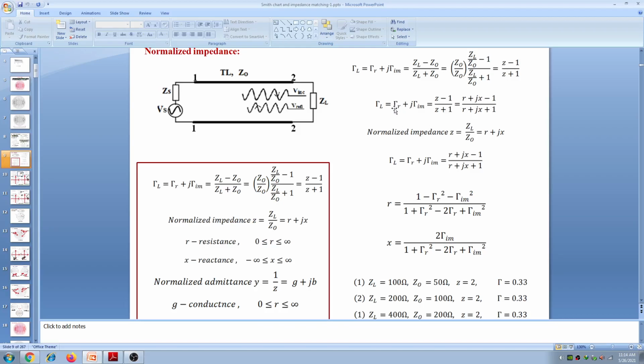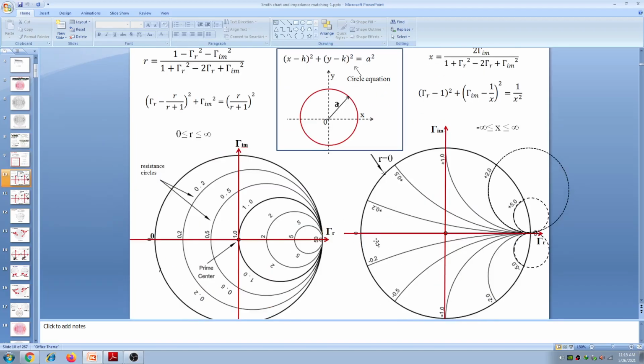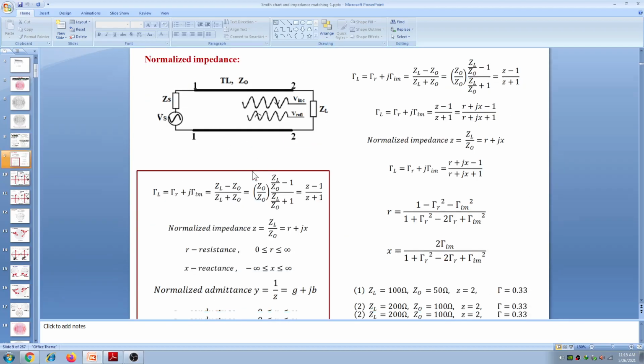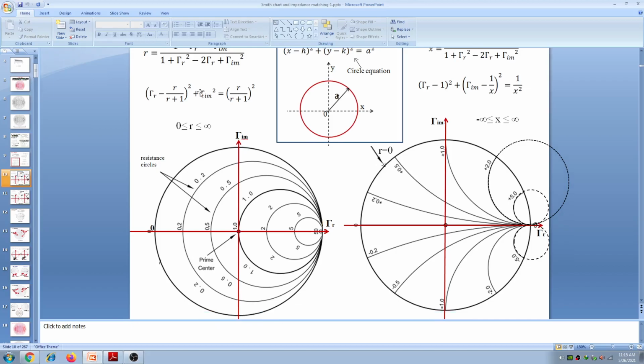So this is the reflection coefficient and normalized impedance relation, see like this. Okay, so the normalized resistance forms a circle in the tau plane.